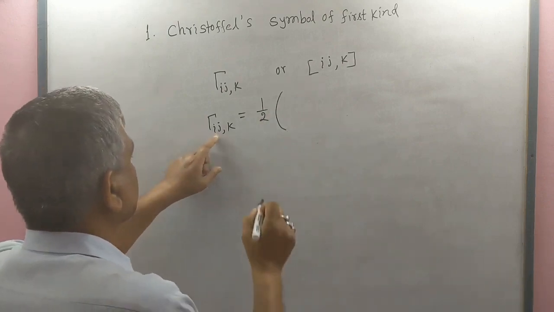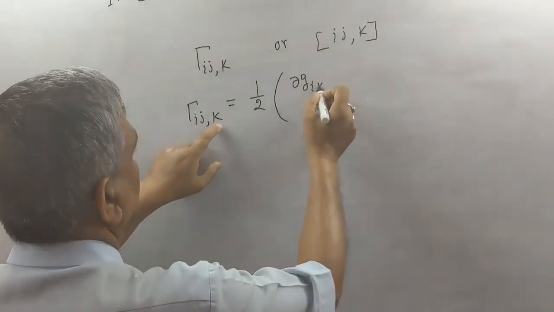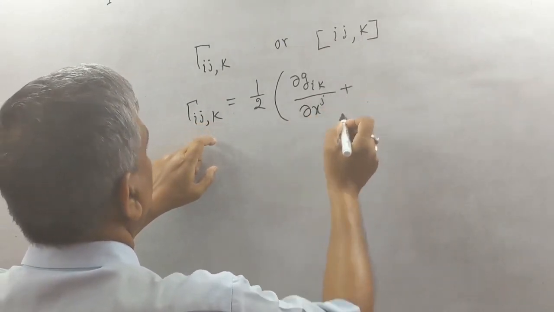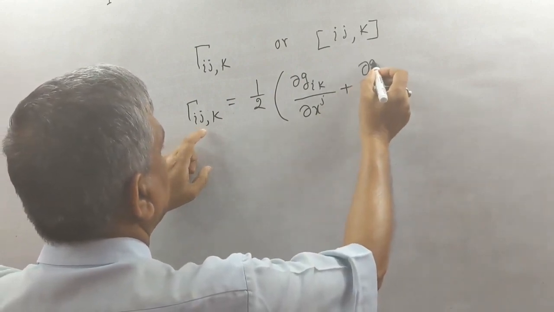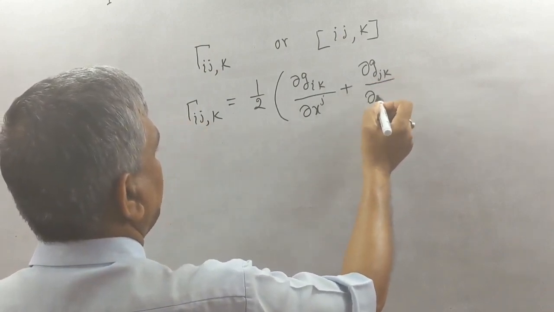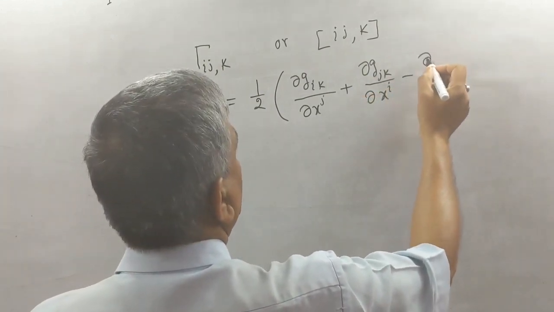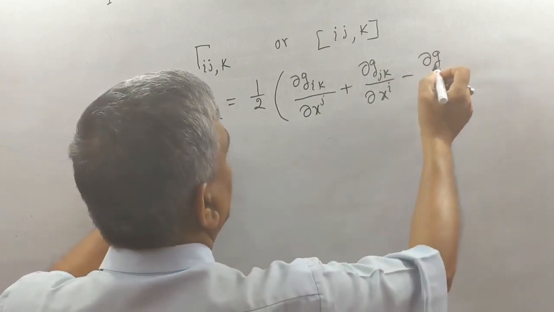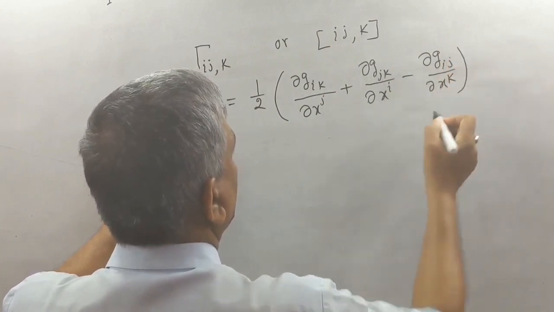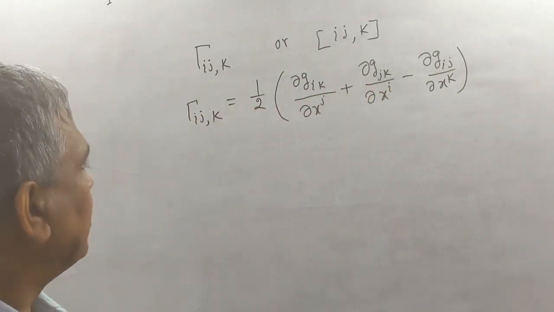The way of writing is: first we take del g_ik by del x_j, remaining suffix is j, plus del g_jk by del x_i, remaining suffix is i, minus del g_ij by del x_k, remaining suffix is k, where g_ik, g_jk, g_ij are all metric tensors.